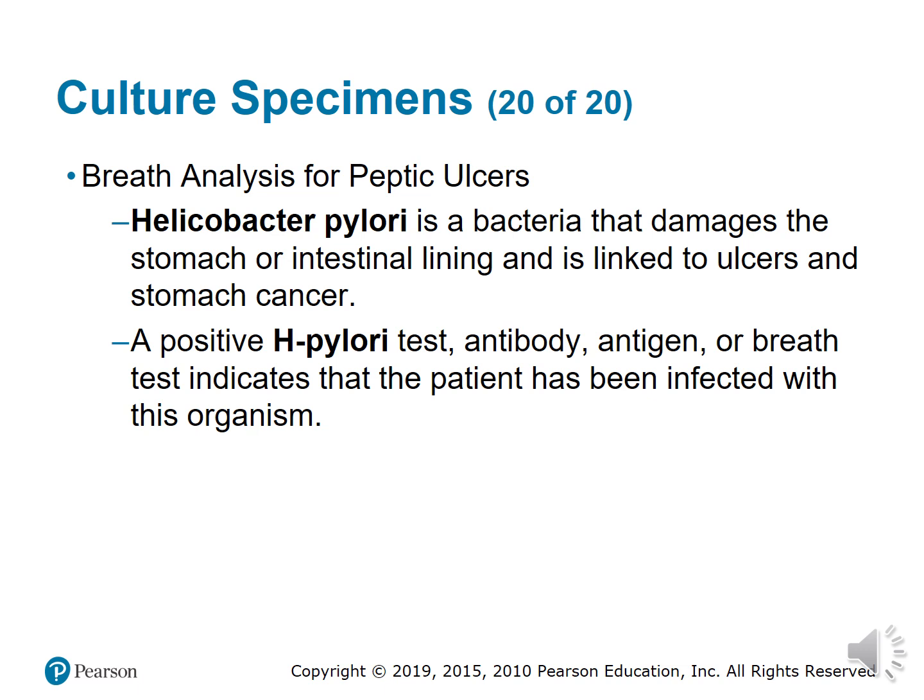Right. So, another type of test, which is a good test, and it's fairly new, is called the breath analysis test for peptic ulcers. It's called the H. pylori test, or the Helicobacter pylori test. Basically, this is to see if there's any bacteria in your stomach or your intestinal lining that can be causing you to either have ulcers or to have stomach cancer.